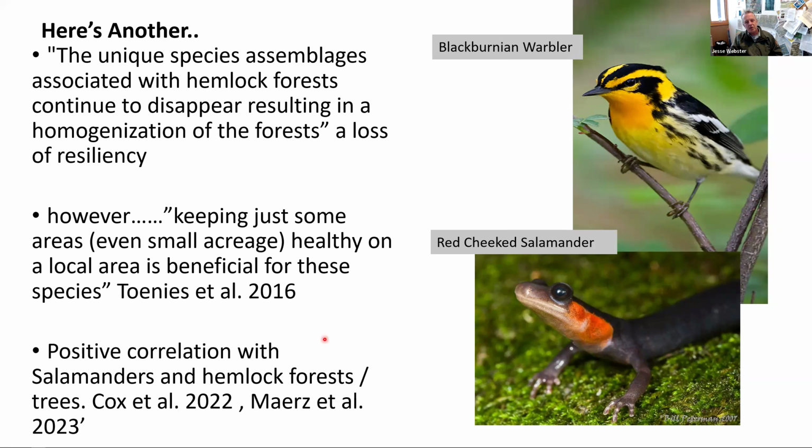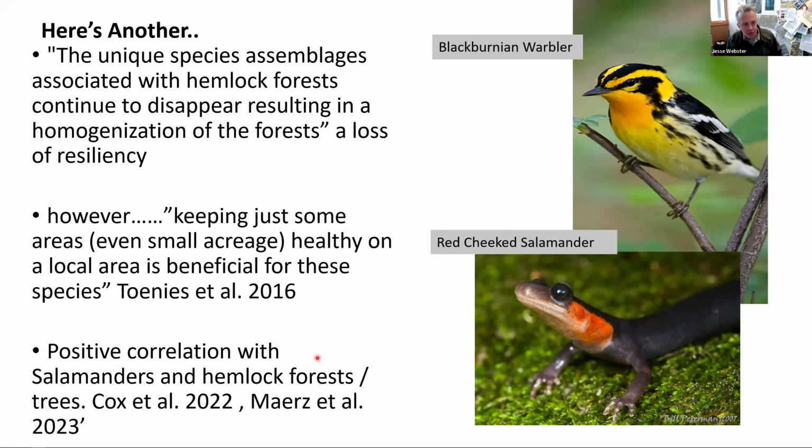And also, this is a big question with the Smokies being the salamander capital of the world: what's happening with the salamanders? Are some of these treatments negatively impacting salamanders? Well, the work that we've done says no, there are no non-target impacts that we're seeing with the terrestrial species as well.